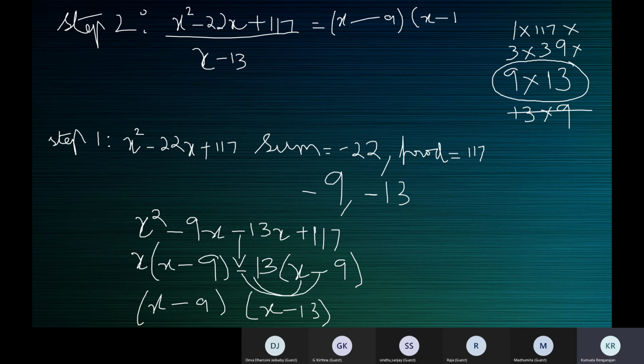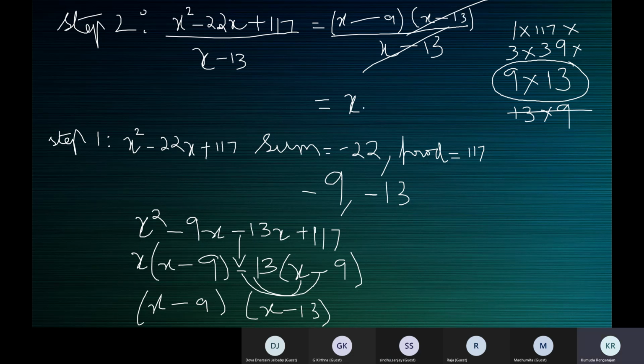These are the factors of the numerator expression divided by x minus 13, the denominator as it is. X minus 13 gets cancelled, and the quotient is x minus 9.